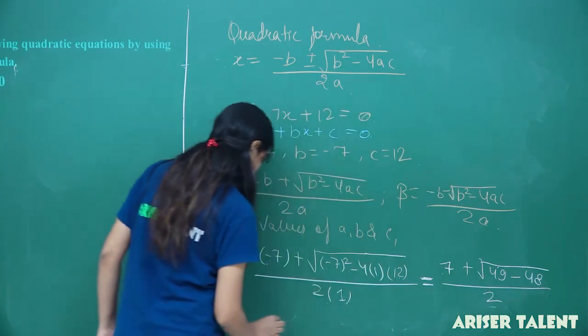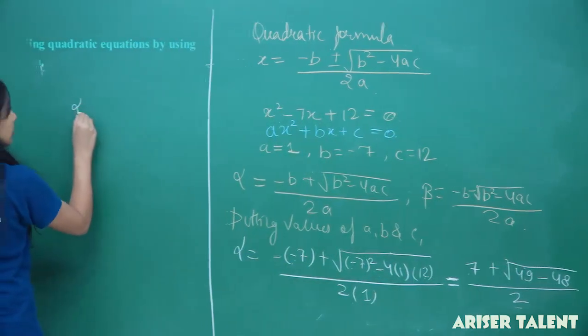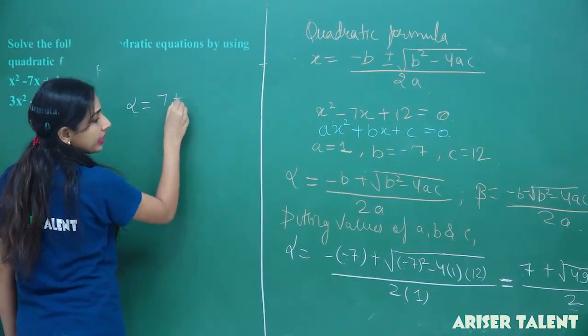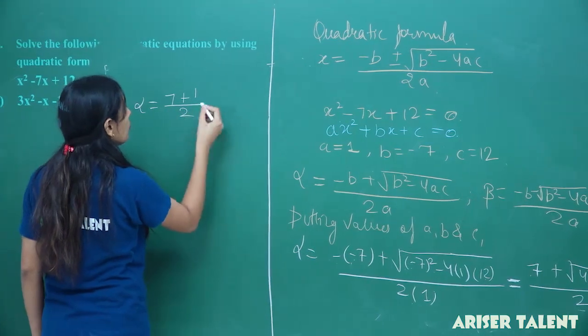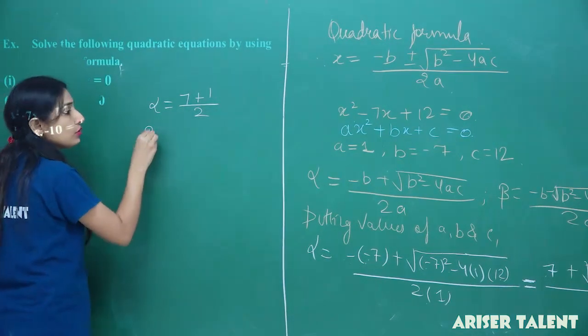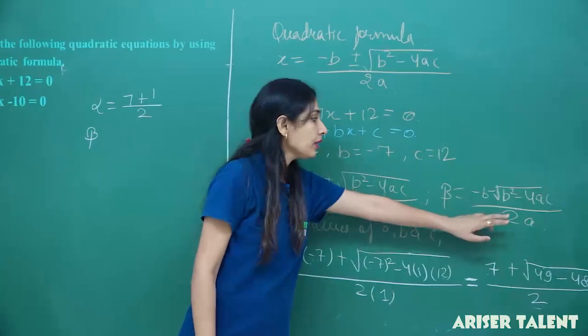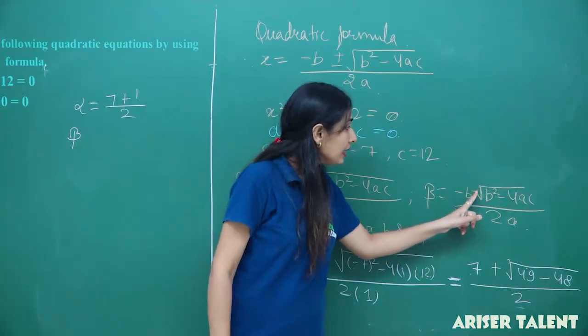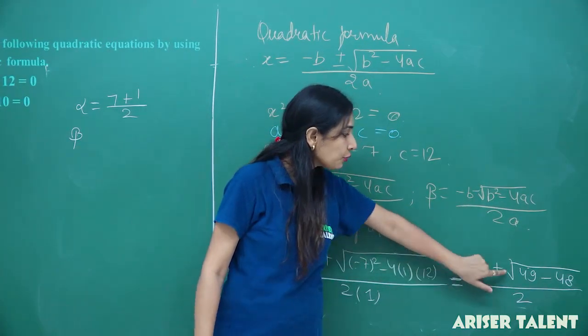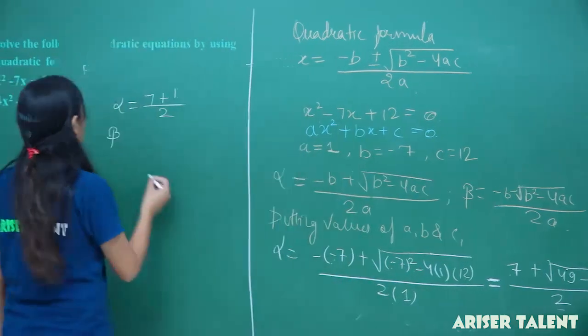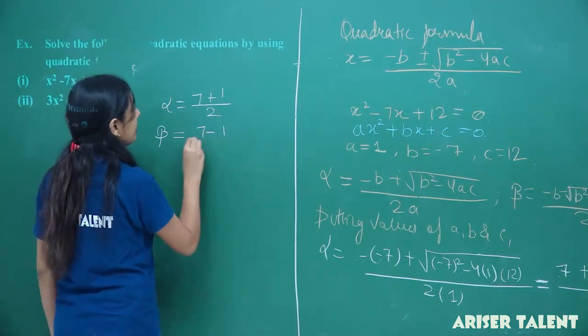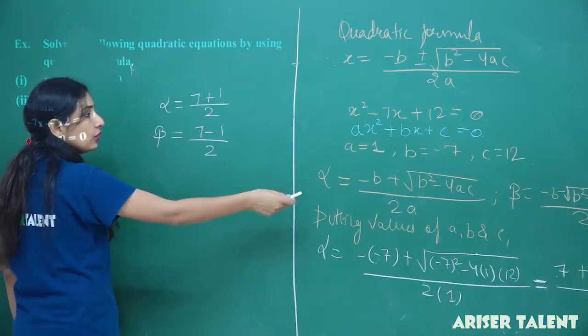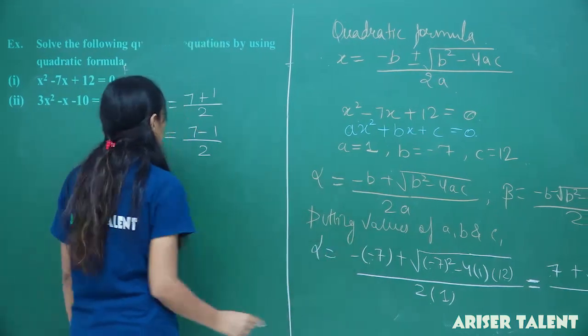So this is 1. So alpha will be equals to what? 7 plus 1 by 2. Now students, beta is equals to what? Beta is same. The values are the same here, but this sign is different, so I can just put minus here. So what will be the value of beta? 7 minus 1 by 2. You can just put the values like this and get the answer done.